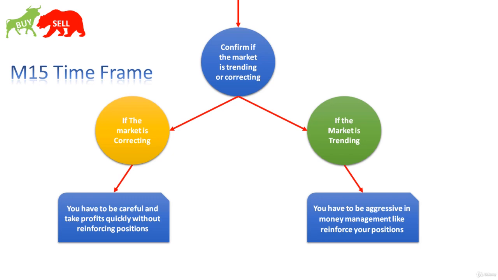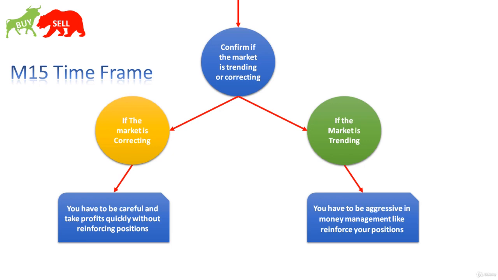Let me explain this. So suppose we have an uptrend in the H1 time frame. We have to switch to the M15 time frame to confirm if the market at M15 is also in an uptrend or is in a downtrend.